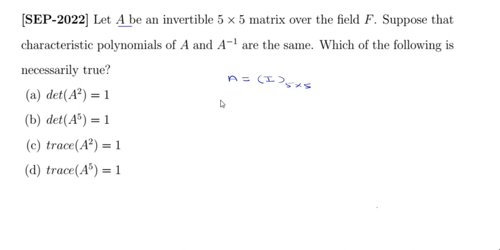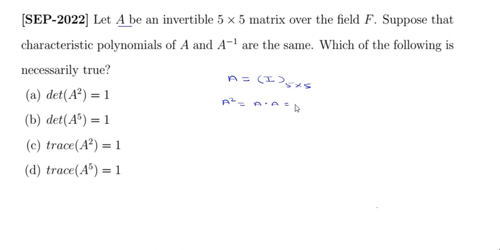Now we will find the determinant and trace of this matrix. For that we need A square and A power 5. A power 2 will be equal to A into A.